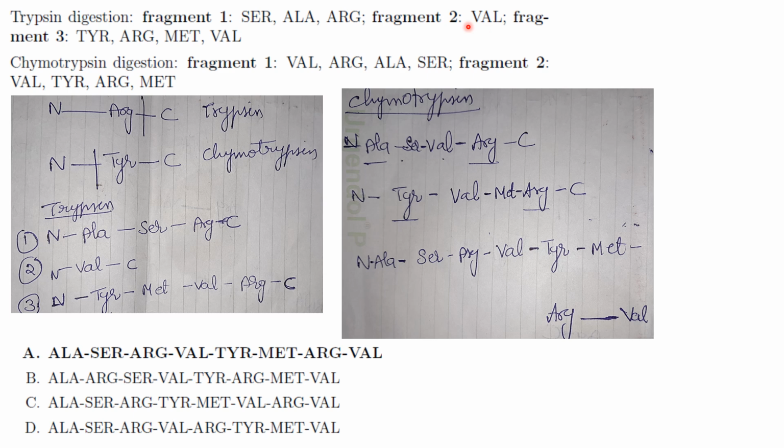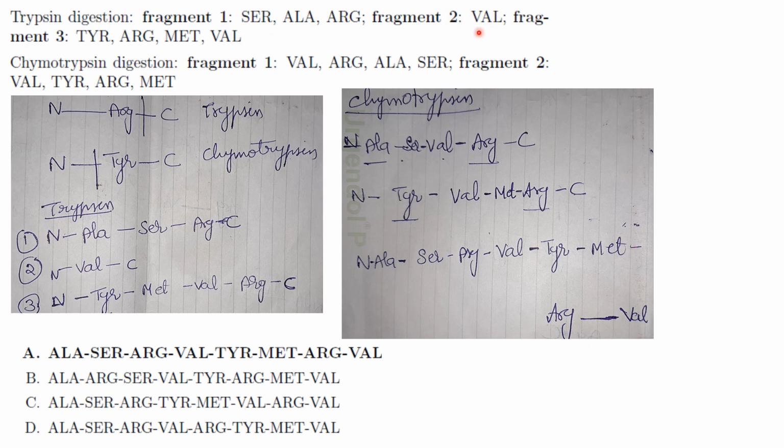Now there is a second valine that has to be placed. Tyrosine, methionine, arginine, valine I have put in the end, because that is the same sequence that you are getting in chymotrypsin digestion as well as trypsin digestion. So that will be your last fragment.